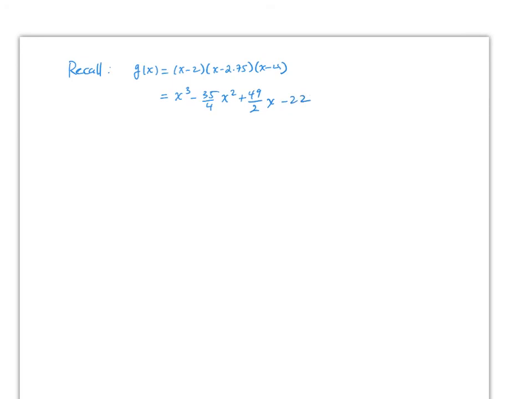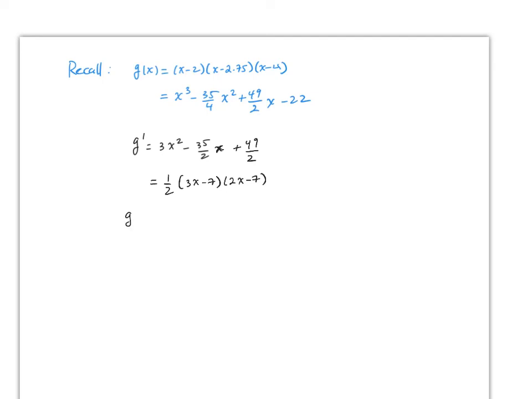Then if you want to find the extreme values of this, we use calculus. So you find the derivative and you set it equal to 0. The derivative will be 3x squared minus 35 over 2 x plus 49 over 2, which you should check factors to this. And yeah, the factoring is annoying, but it's just algebra.